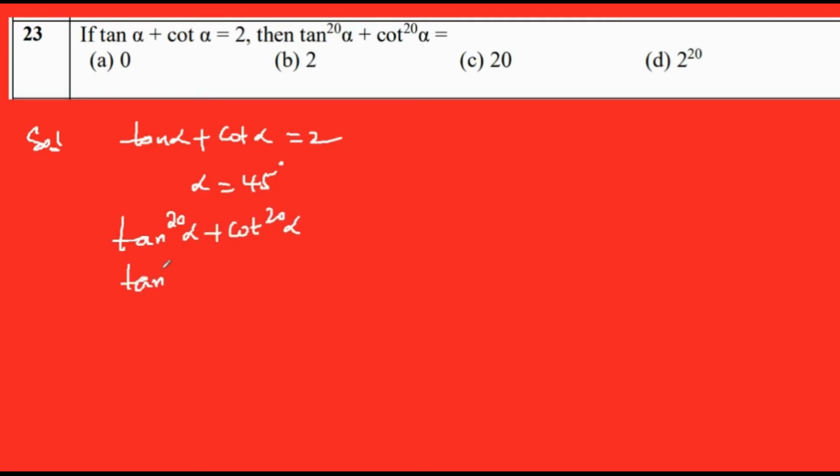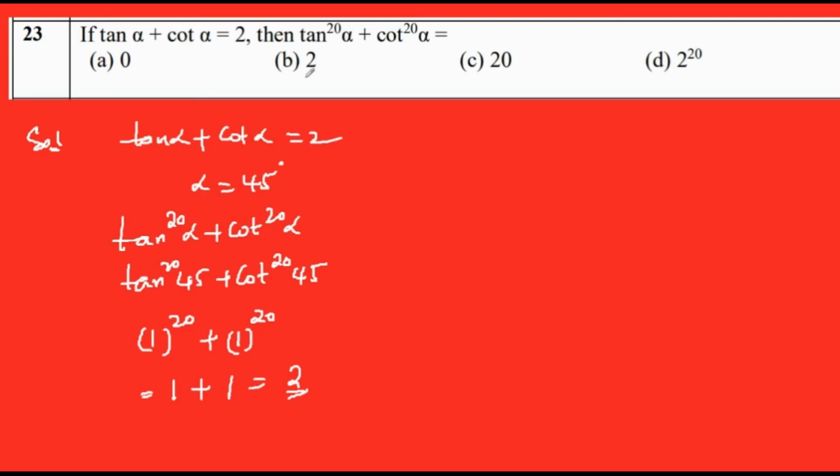As alpha is 45, we replace the angle alpha with 45. So tan 45 is 1, so 1 to the power of 20; cot 45 value is also 1, 1 to the power of 20. 1 to the power of 20 is nothing but 1, 1 plus 1 is 2. Correct option for 23rd question is B, 2.